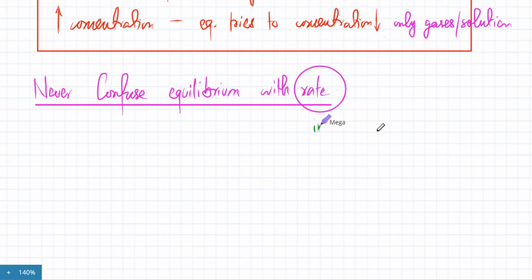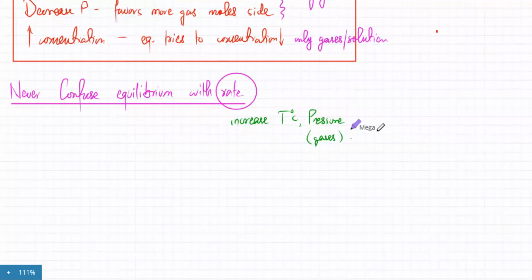when you increase temperature or pressure, this pressure thing only works for gases.